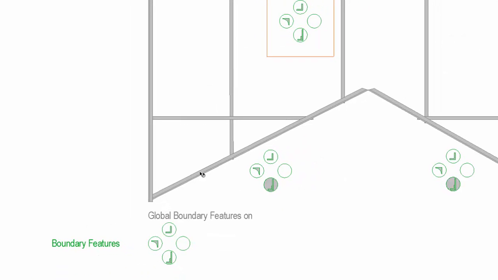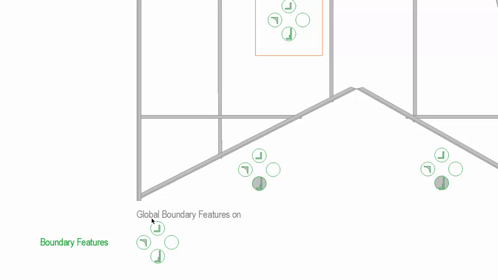Now we also have a global features option. So if you have a look right now, global features is turned on. So when I try and adjust this, it's locked. I can't adjust it simply because we've got the global boundary features turned on. So that means all these features are controlled by this setting here. So you can see if I change that to cornice, they all change to cornice.